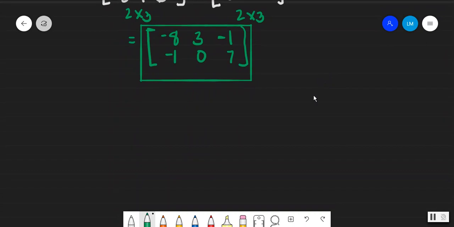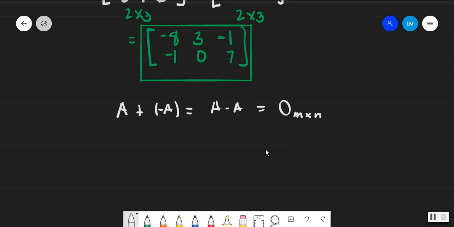Now, interestingly enough, when it comes to matrix subtraction, if we have A plus the negative of A, that's equal to A minus A. That's going to be the zero matrix, with dimensions m by n.